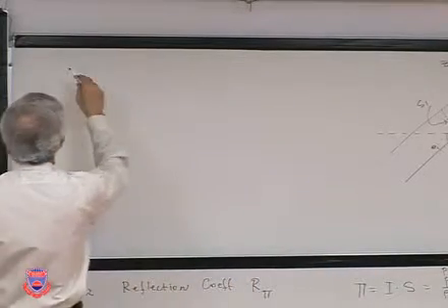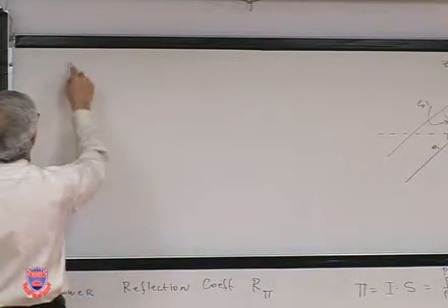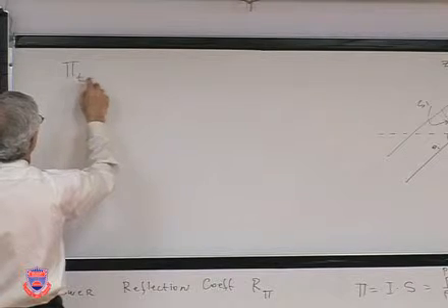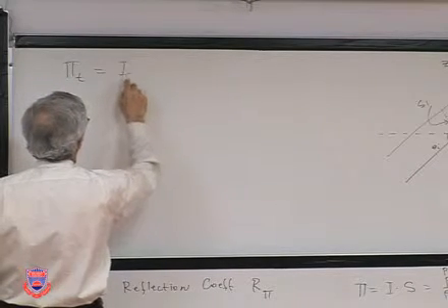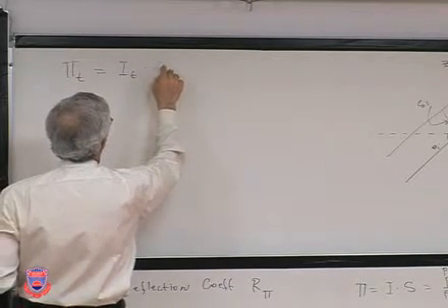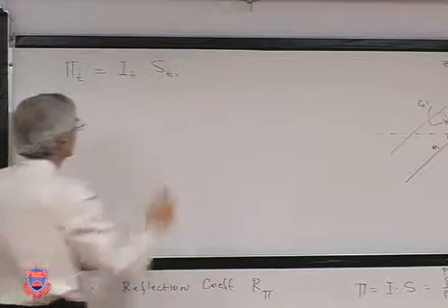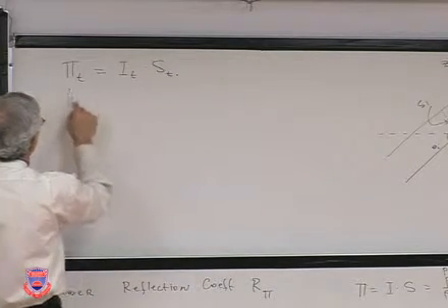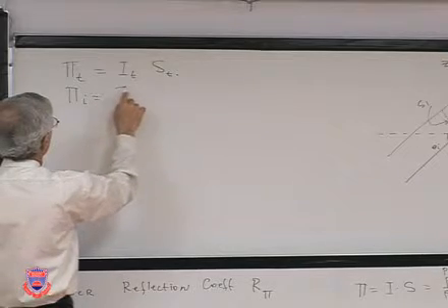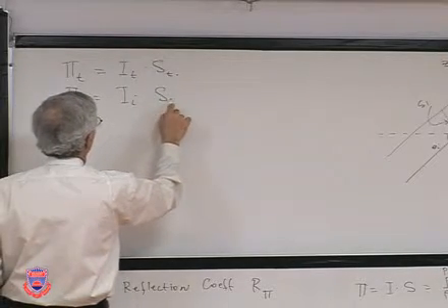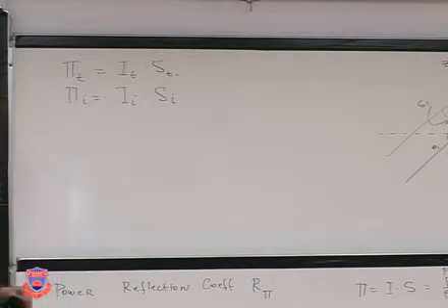If you remember now, power transmitted will be intensity transmitted times the area of transmission. And power incident is incident intensity times incident area.